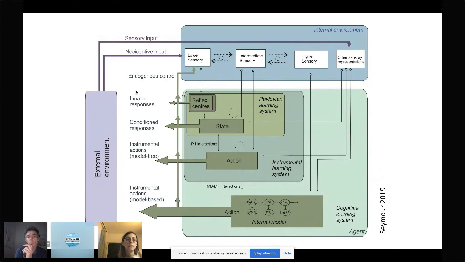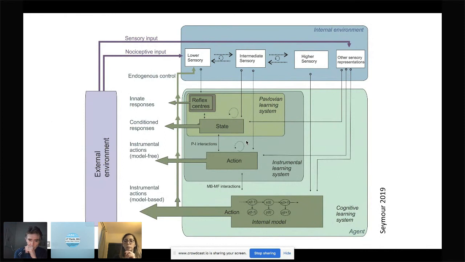From simple innate responses like withdrawal that are governed by a Pavlovian learning system, to more complex actions such as avoidance that imply learning associations between different stimuli or cues and outcomes.